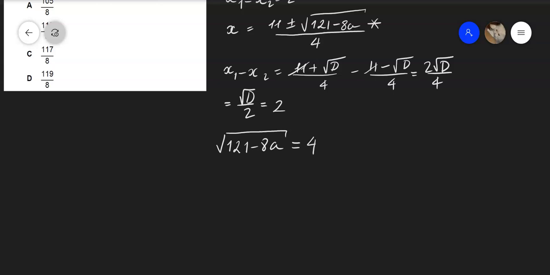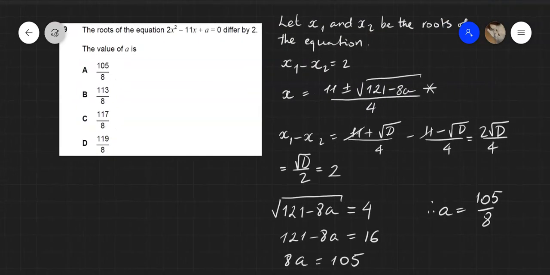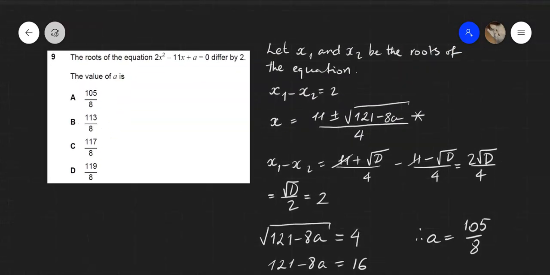Squaring both sides gives me 121 minus 8a equals 16. 8a equals 105. And therefore a equals 105 over 8. Let's check which answer this is. This is option A. As an extra exercise, try to solve this problem by using Vieta's formula.